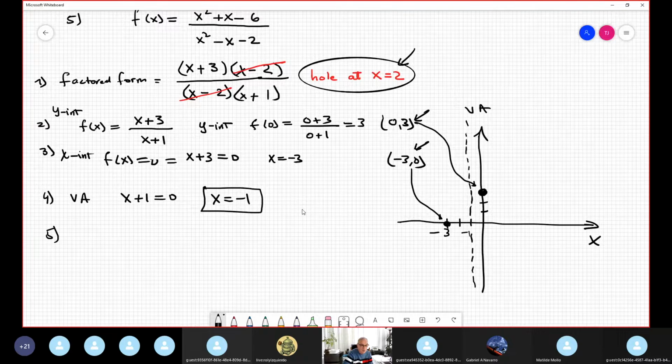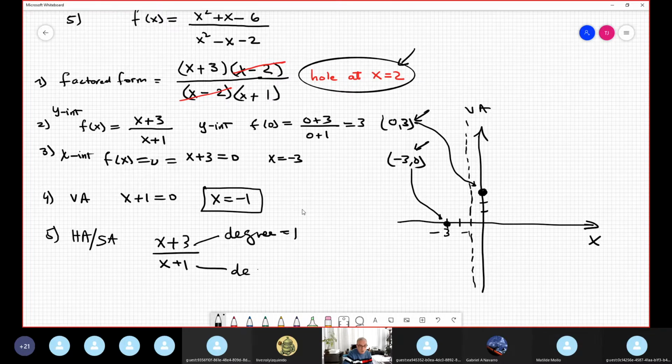Number 5 is horizontal or slant, and it is always the analysis of the degree, no? x plus 3 over x plus 1. You forget the original. The original is history. We focus on this. Now, the degree of this is 1. The degree of this is 1.